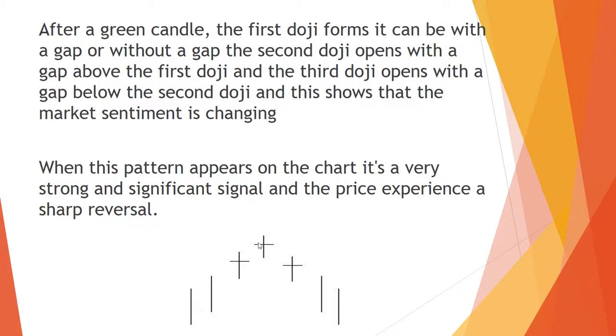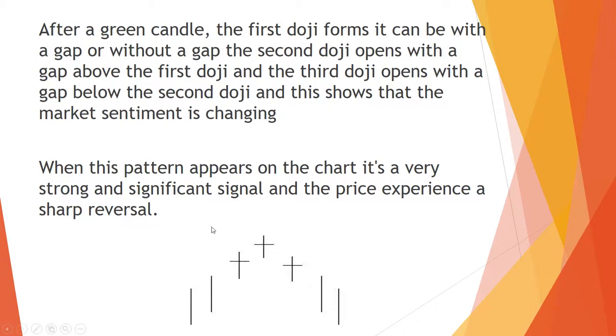So when you see the 3 indecision doji patterns, it shows that the market sentiment is slowly changing. When this pattern appears on the chart, it is a very strong signal that the price may experience a sharp reversal.